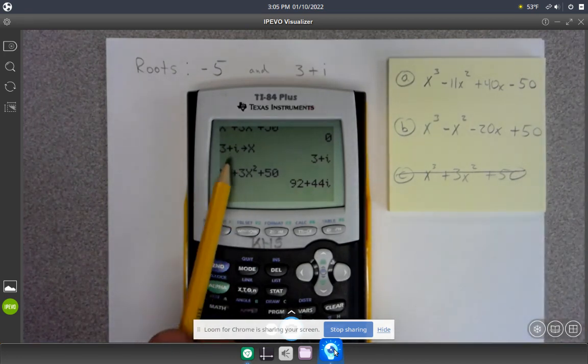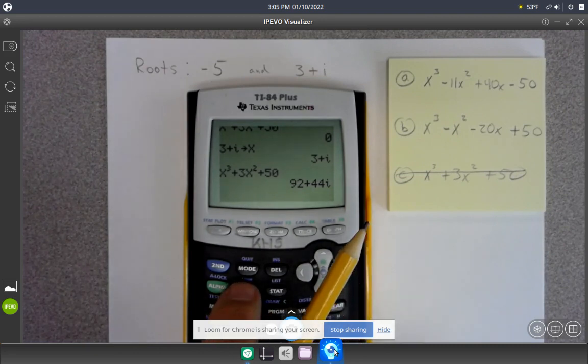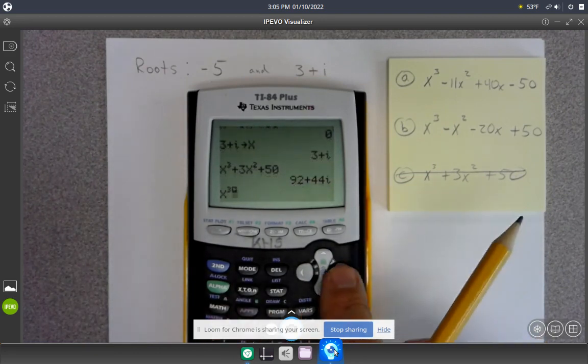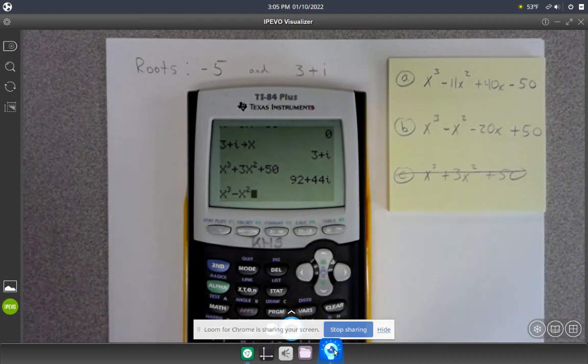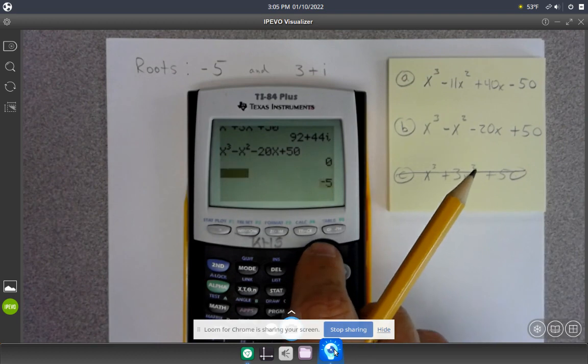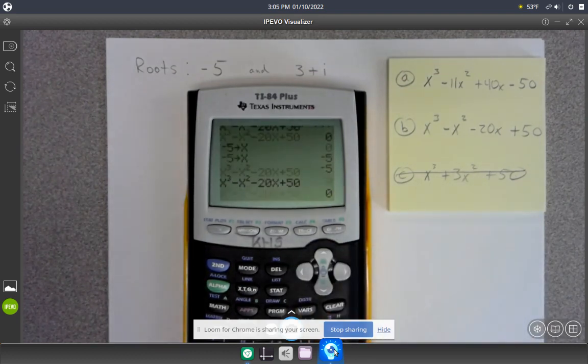I believe the answer for this one is B. All right, I've still got 3 plus i stored to x. If I try x cubed minus x squared minus 20x plus 50, yep, I get 0. And if I do -5 store to x, I will also get 0.